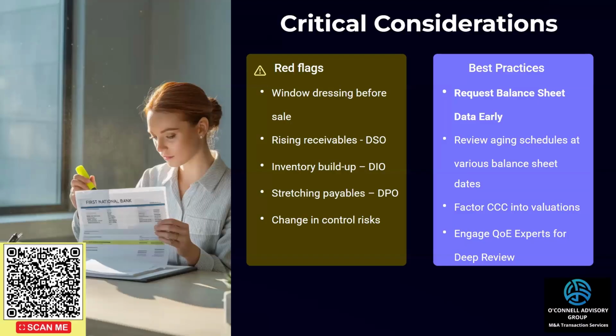So coming to the best practices. First one is request the balance sheet data early on. Initially, the focus is always on taking the monthly income statements and arriving at EBITDA, doing some owner add backs, and arriving at seller discretionary earnings.